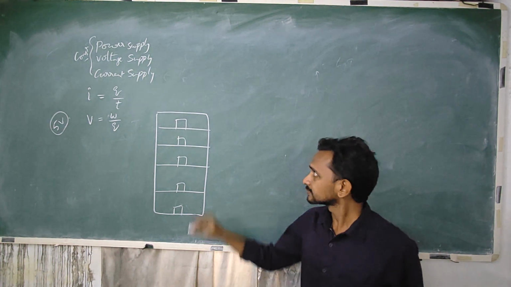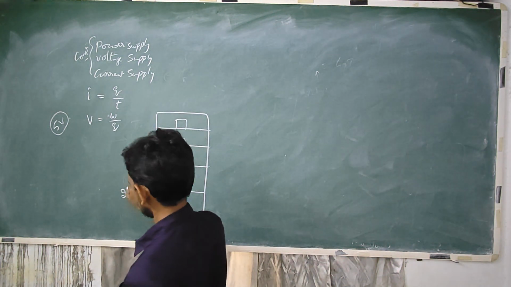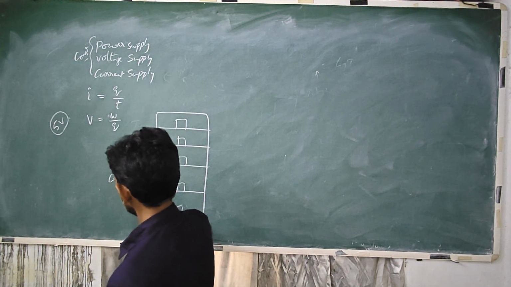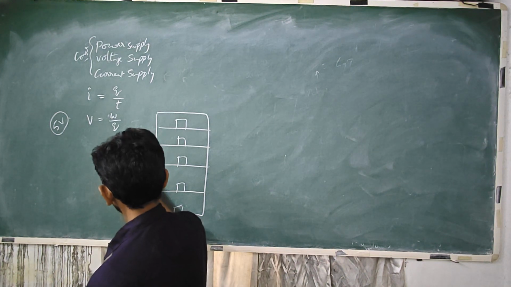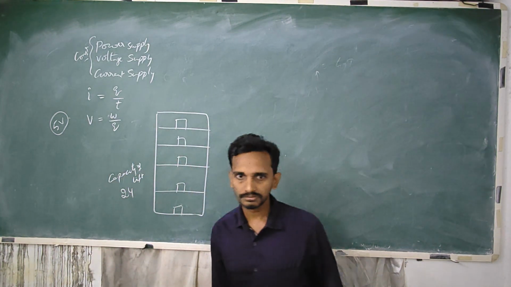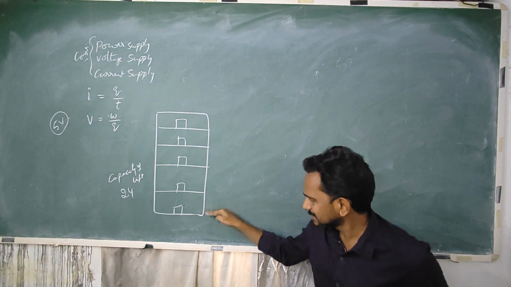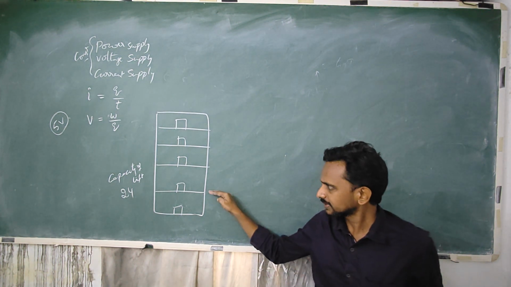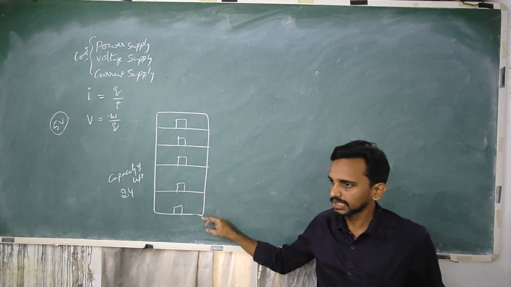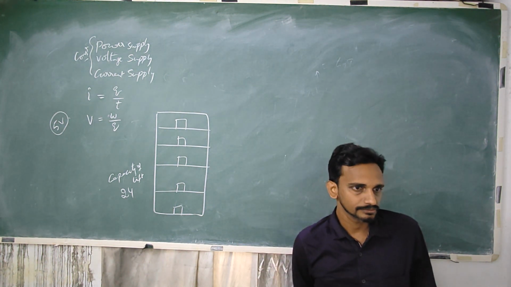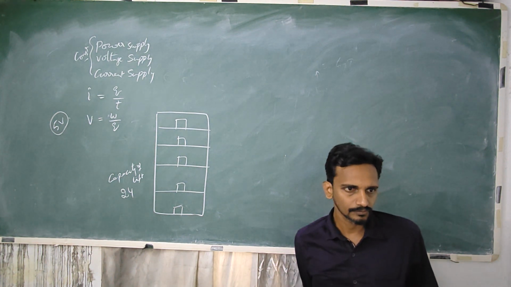Let's say the capacity of the lift is 24, and let's say it takes 1 second to go and come back for each floor. So the time of travel for each floor is 1 second, let's say.